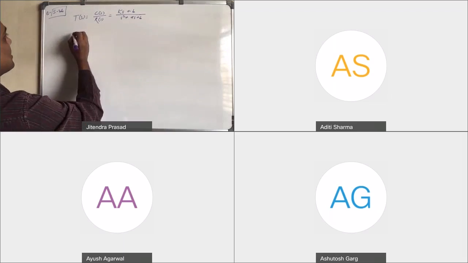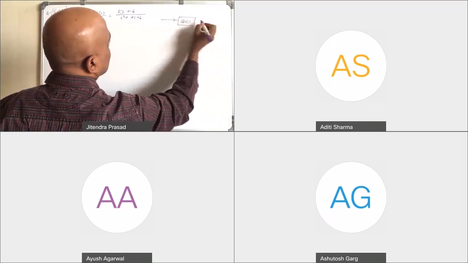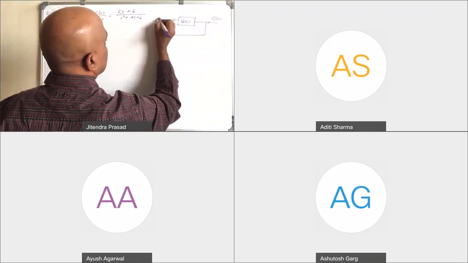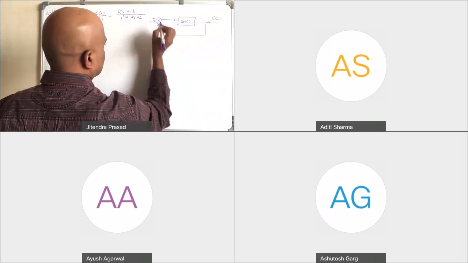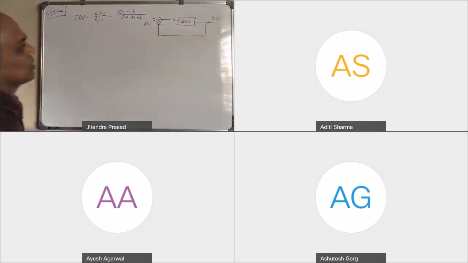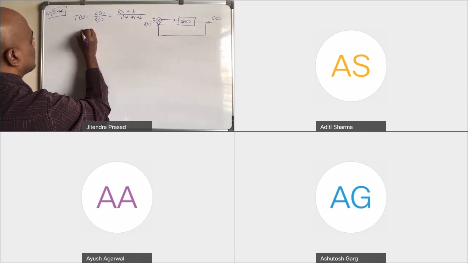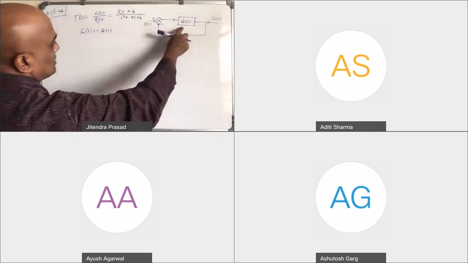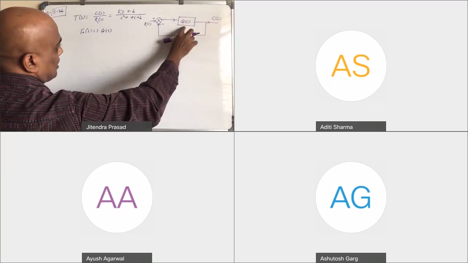So G(s) is what? We have G(s) here with unity feedback, with C(s) as output and R(s) as input. The open loop transfer function T naught(s) is nothing but G(s) times 1, which is G(s).